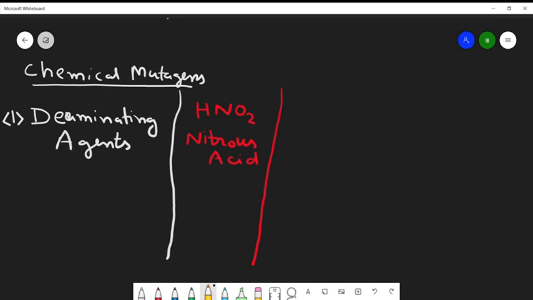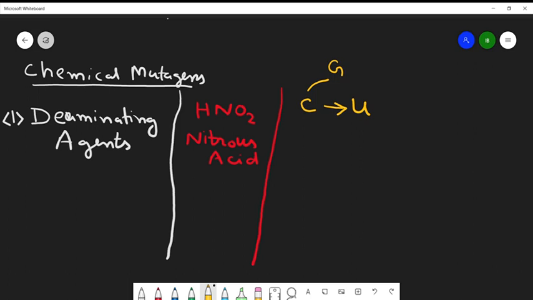So it results in the deamination of the cytosine, and we know if the cytosine residue gets deaminated, cytosine gets converted into uracil. So normally cytosine will base pair with guanine, but once it gets changed into uracil, then it no longer base pairs with the guanine.